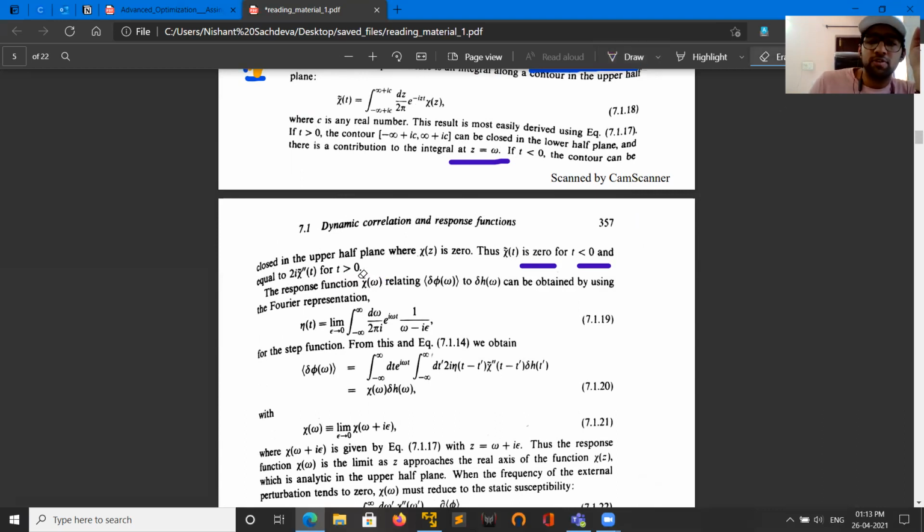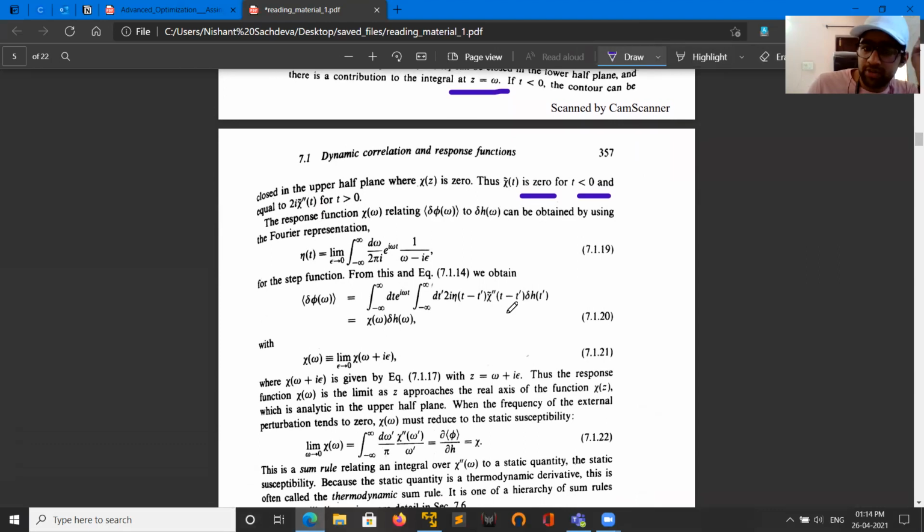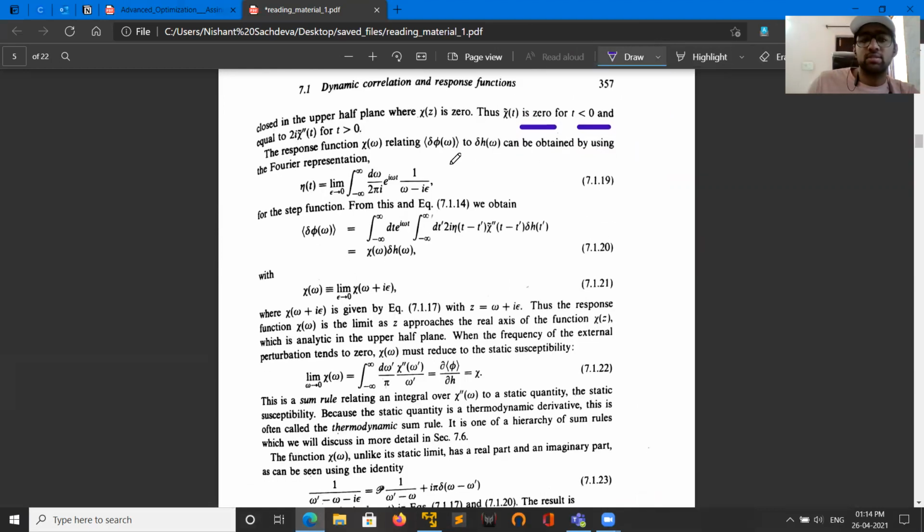Now, the response function χ(ω) relating the average δφ(ω) to δh(ω) can be obtained by using the Fourier representation, which is this. So η(t) is the limit as ε tends to 0, integrating from minus infinity to infinity over dω. Now, we obtained this response function by using the Fourier representation for the step function.